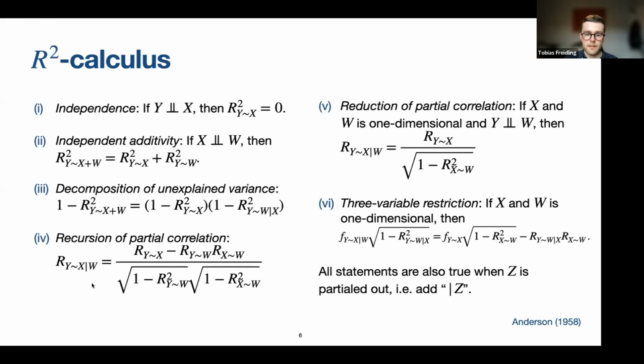These rules here will help us both as a toolbox to express things in terms of R values, and later on they will also help us to define these equality constraints h in the optimization procedure.